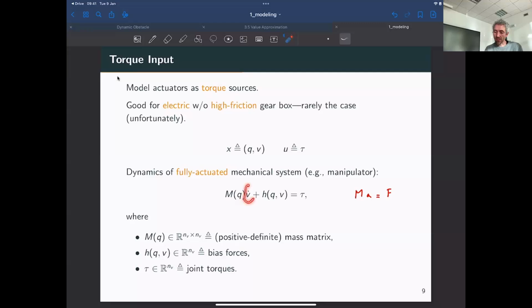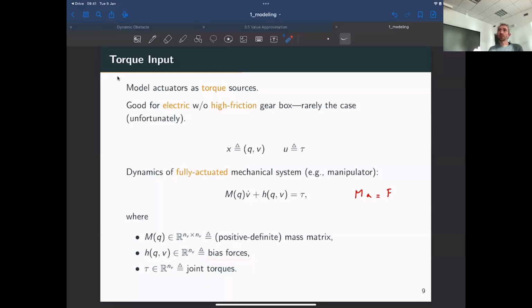Then we have the accelerations, V dot. That's the same as A, the derivative of the velocity, which gives you the acceleration. And then the main difference, I would say, between the multi-body case and the single body case in terms of dynamics comes from this term here, which I called bias forces.